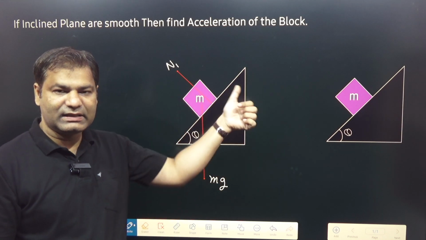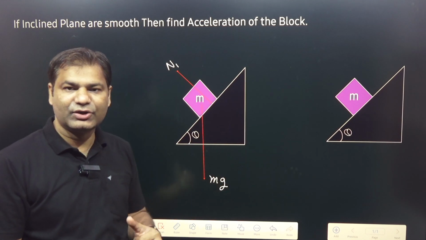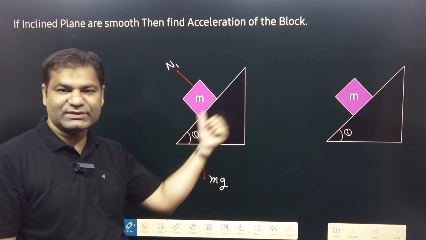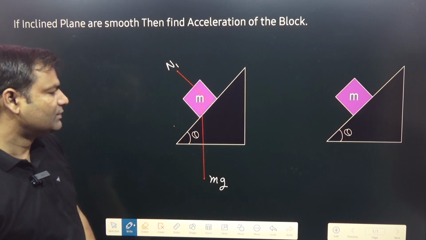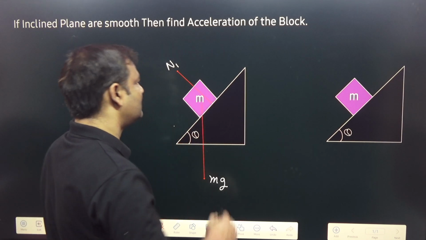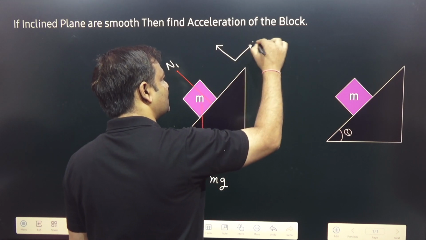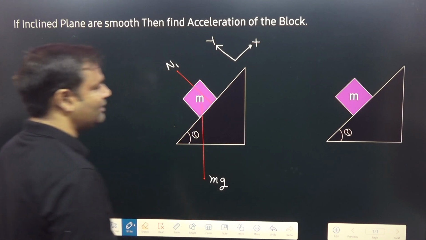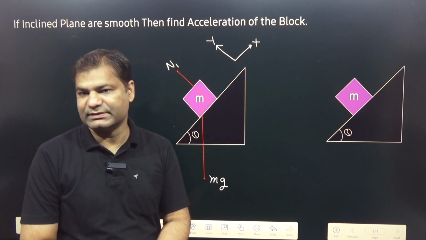The surface is fixed, so this block can move in only which direction? Corresponding to that direction. So you can resolve all components corresponding to the capital X axis and capital Y axis. All force components are resolved corresponding to the capital X axis and Y axis.